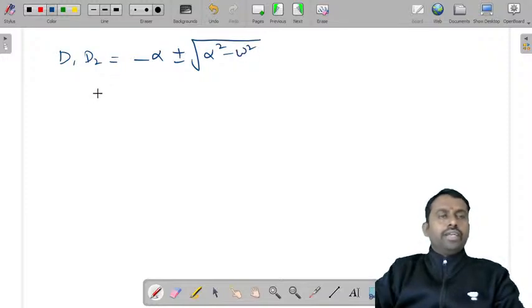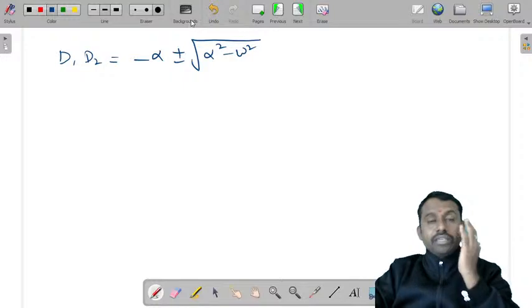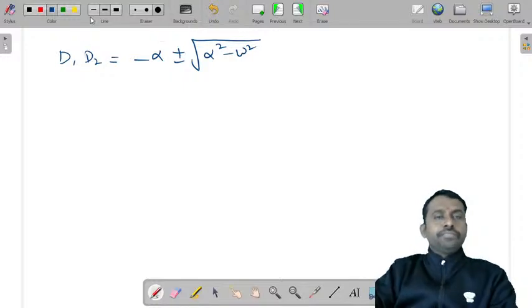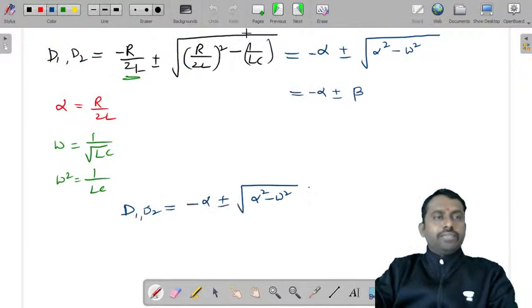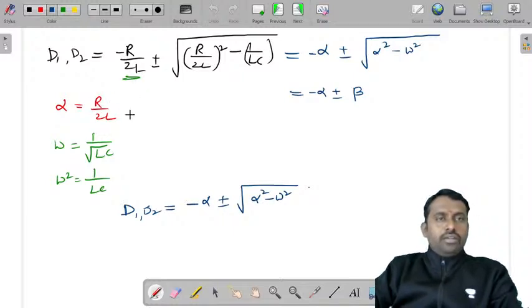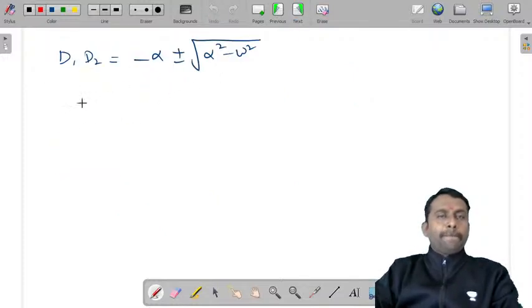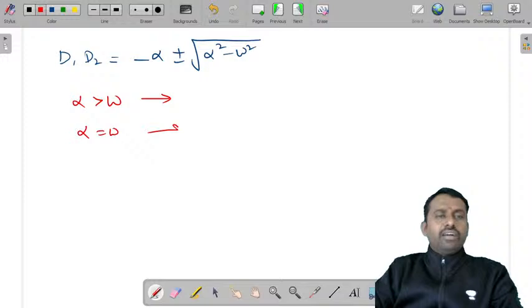Now you'll have these roots will be different for different values of alpha and omega. If alpha is greater than omega, you'll have one value. If alpha is equal to omega, the roots will be different.